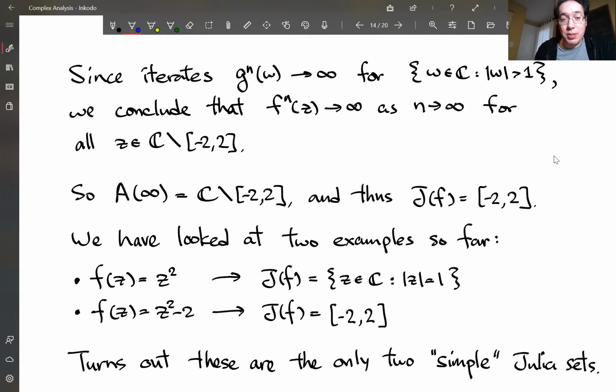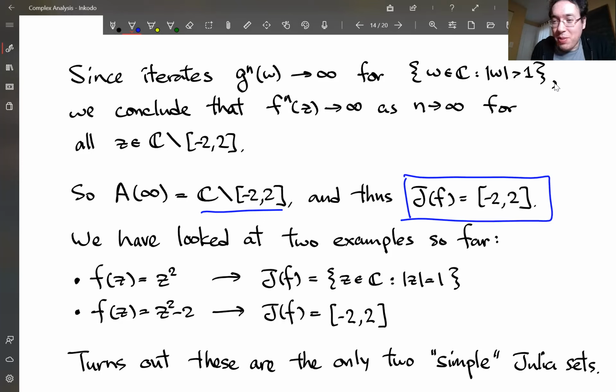All right. So what do we know now? So we know that the basin of attraction for infinity is everything outside of the line segment from -2 to 2. Therefore, the Julia set is the boundary of that domain, which is the line segment from -2 to 2.